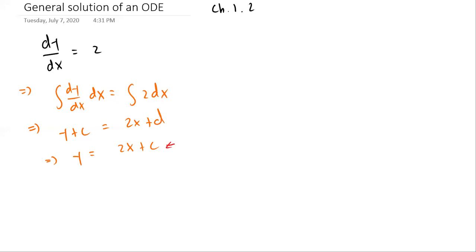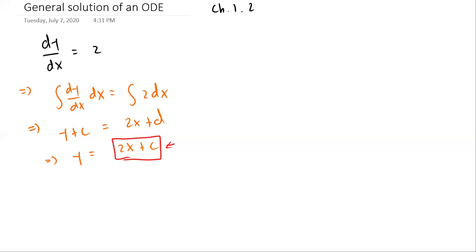It's also the case that if you have a solution, it has to have this form. And again, this is required because we're solving this differential equation by integrating. And this basically follows from the fundamental theorem of calculus. Any two solutions are going to differ by a constant. So what that tells us is any solution for this differential equation must have this form, 2x plus c.